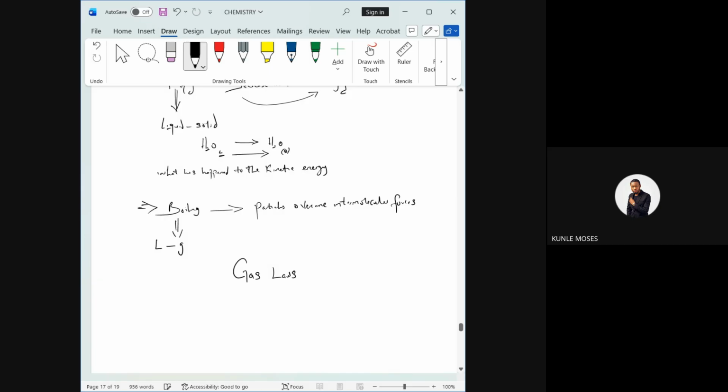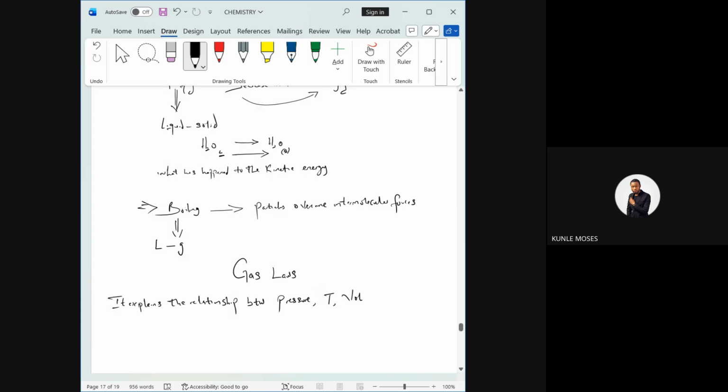Please, I want you to pay attention to this aspect. So that's what gas law talks about.